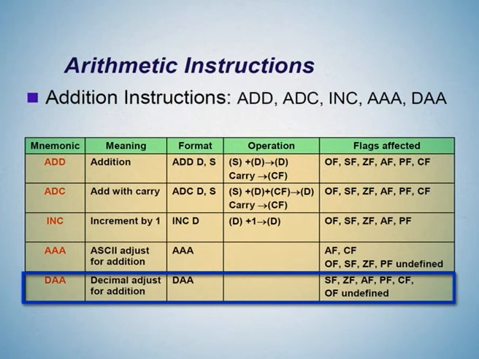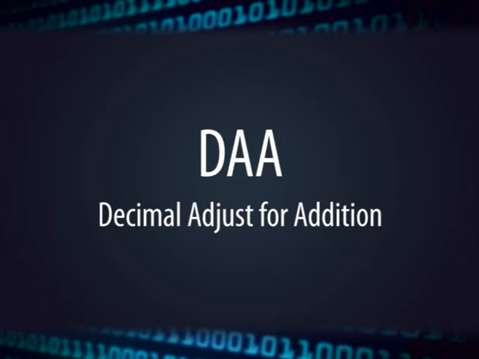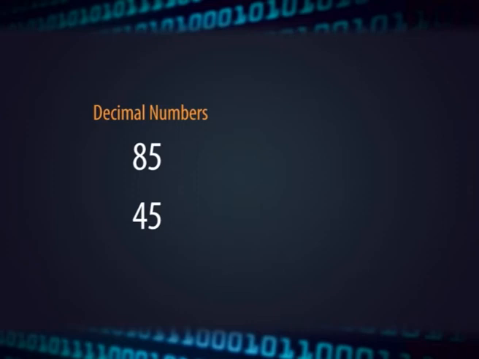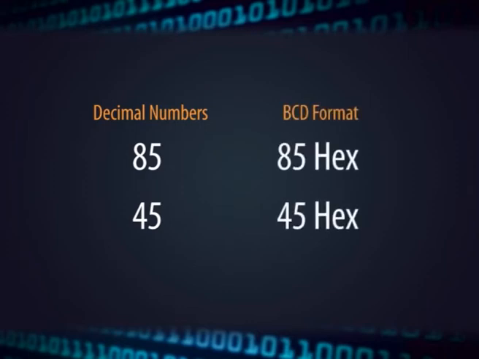The next important arithmetic instruction is DAA, which stands for decimal adjust for addition. The instruction is useful when numbers are represented in BCD format and the result of the addition of 2 BCD numbers should also be in BCD format. Take the example of 2 decimal numbers 85 and 45. These numbers will be represented in BCD format as 85 hex and 45 hex.